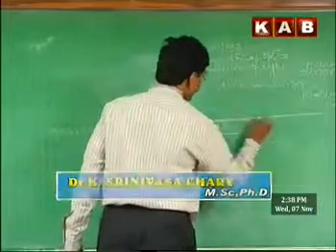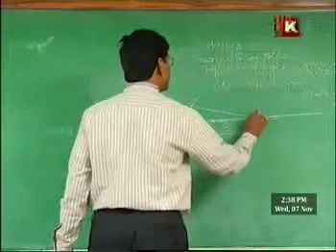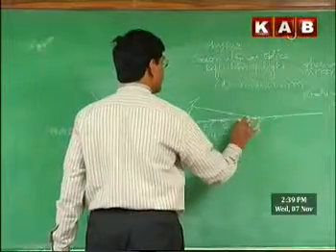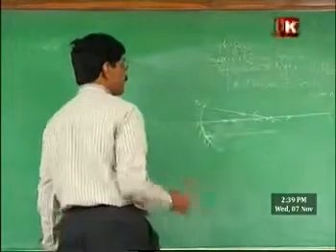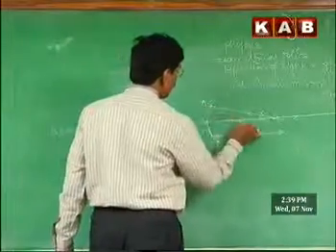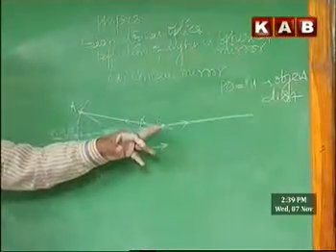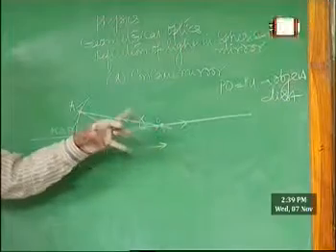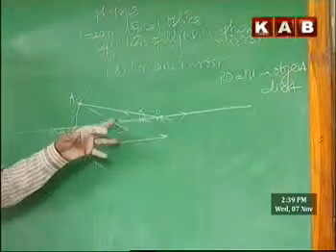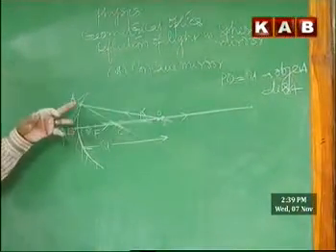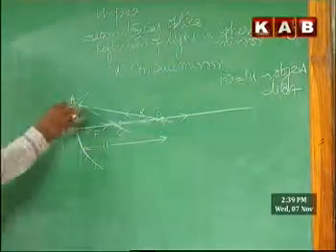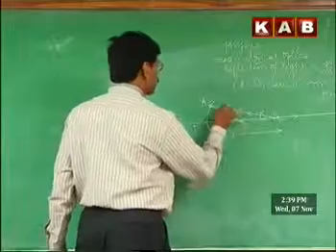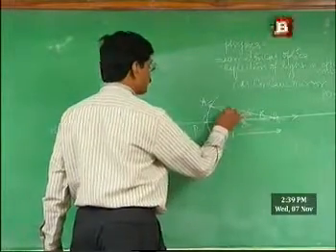Another ray leaves the object at an angle alpha with the principal axis and is incident on the mirror at A. Here we draw the normal from A, which passes through the center of curvature. This is the angle of incidence.